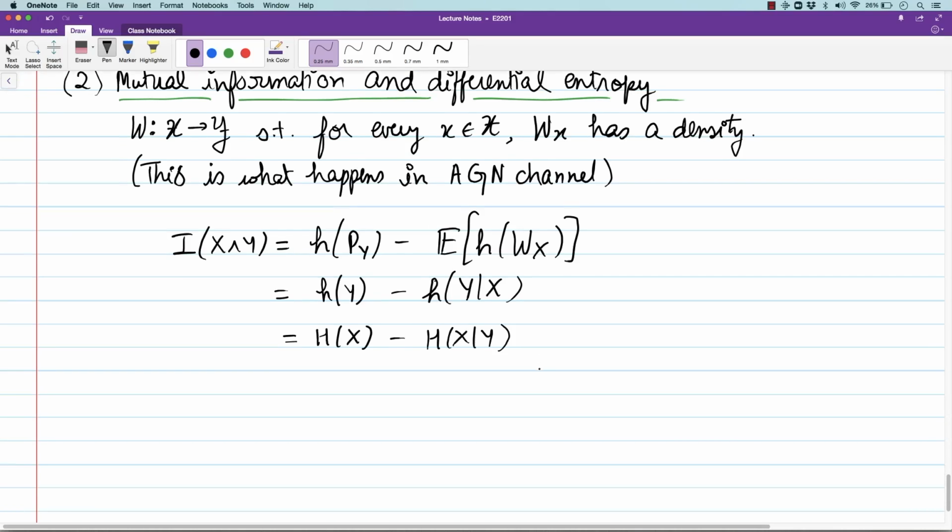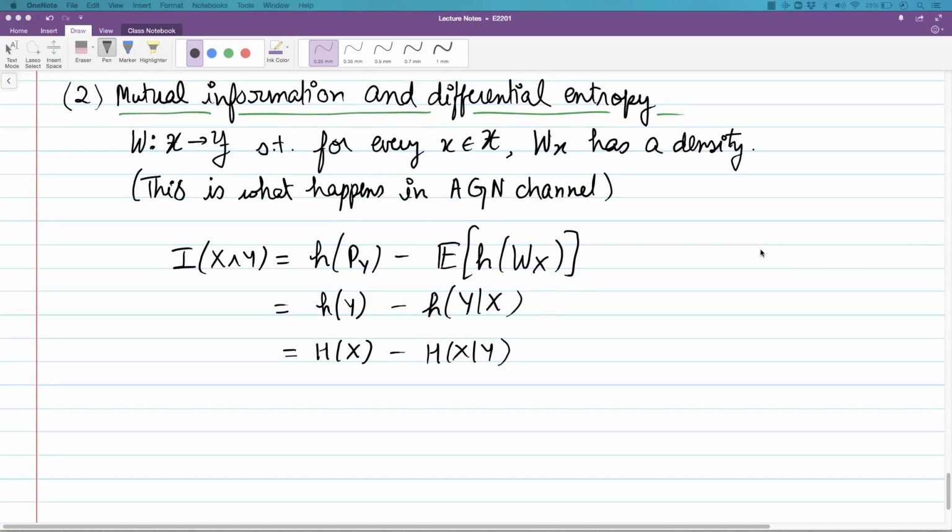Okay, so these two properties are sort of extensions of the earlier properties that we saw. But the final property that I'll present is essentially a new property. It's only for this continuous case, and it's very important for us.